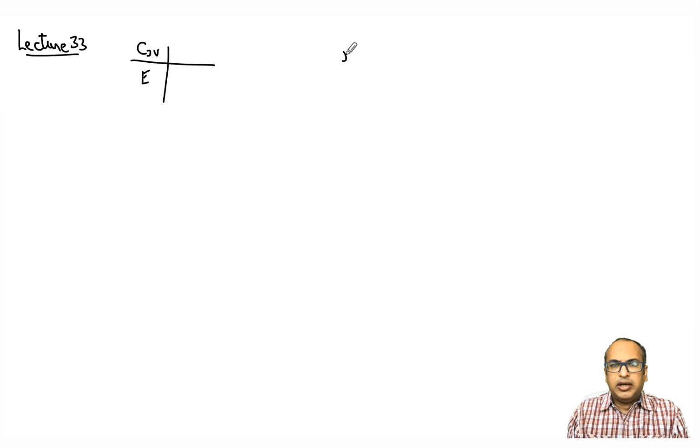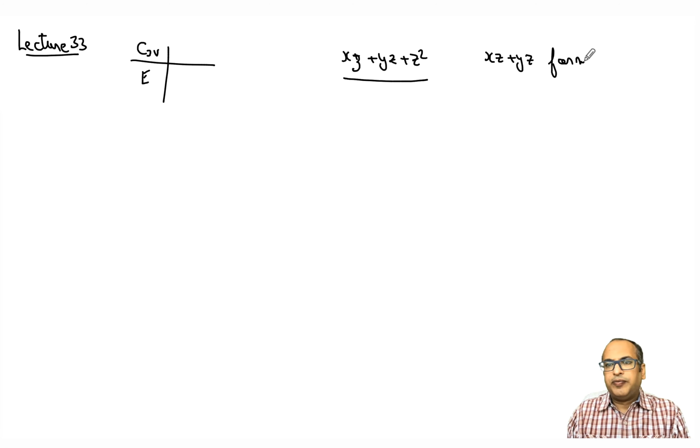We took the function xz plus yz plus z square and used the projection operator to project part of it onto E, so that the part, which is xz plus yz, forms a basis of the E irreducible representation, right?